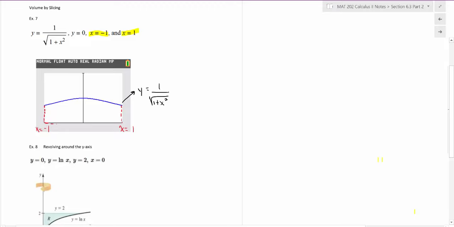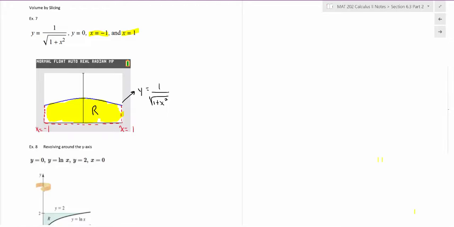We're going to be bound by the x-axis and the curve. So the shaded region is going to be this region right here. That's what you're going to imagine being rotated around the x-axis to get what we call a solid of revolution. So that's what we're interested in doing, this region right here.